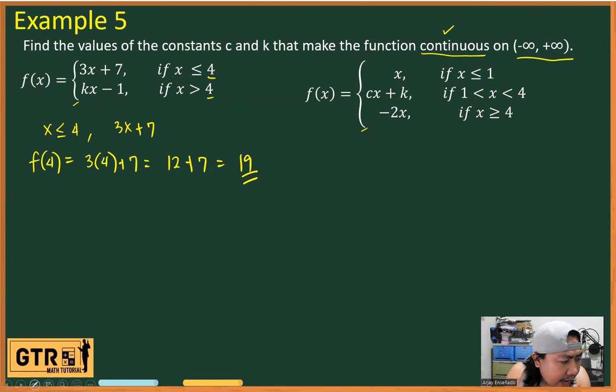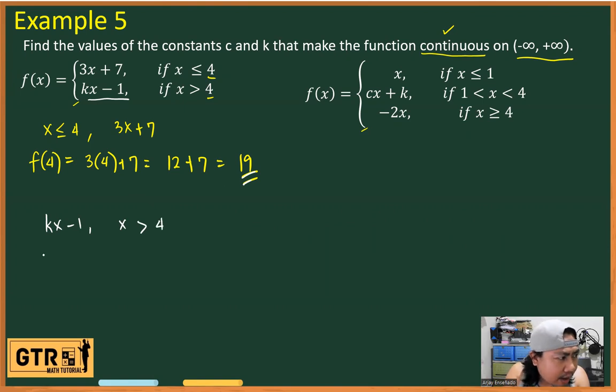Okay? So 19 should also be the value of kx minus 1, so that they are continuous, because the endpoints of our two subfunctions should be equal so that when we graph them, they are continuous. Okay, so let us solve the other function, kx minus 1 when x is greater than 4.